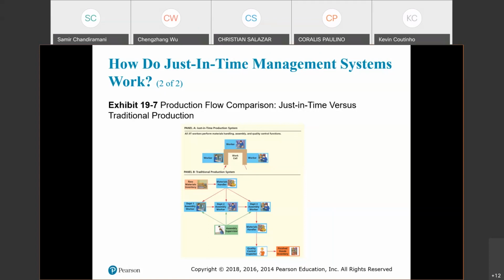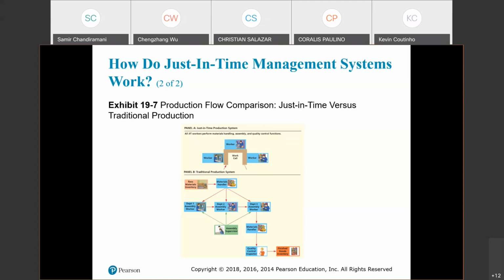So, under JIT management, customer demand in the form of customers' orders triggers manufacturing. The sales order pulls the materials, labor, and overheads into production.